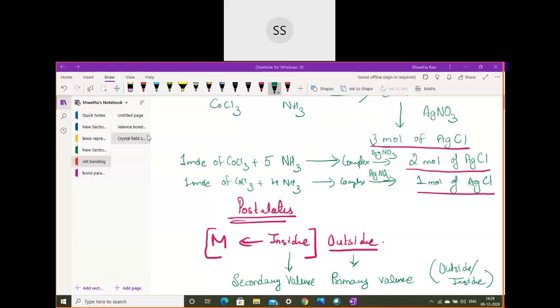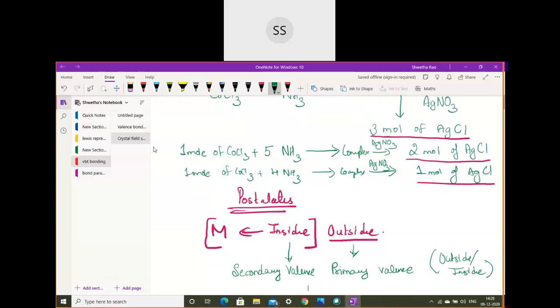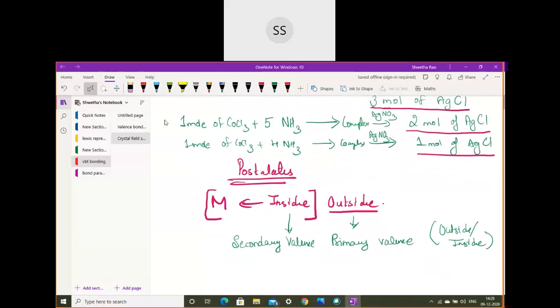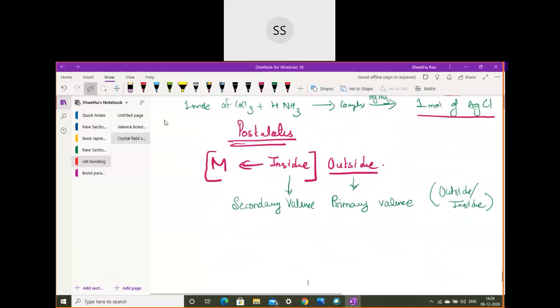For the time being, since many ions are outside here, I have put them outside. The ones inside, directly linked to the metal, he named secondary valences. It is also called linkage, meaning the number of ligands directly attached to the metal.